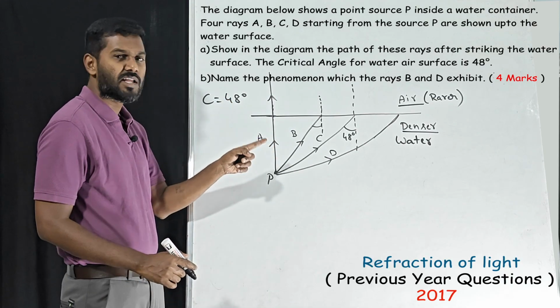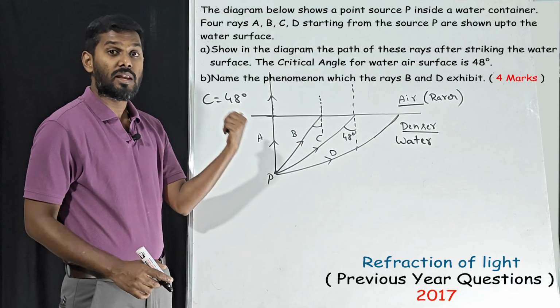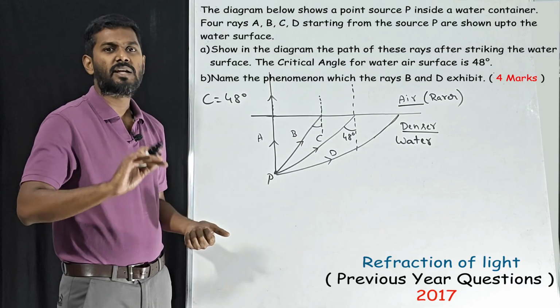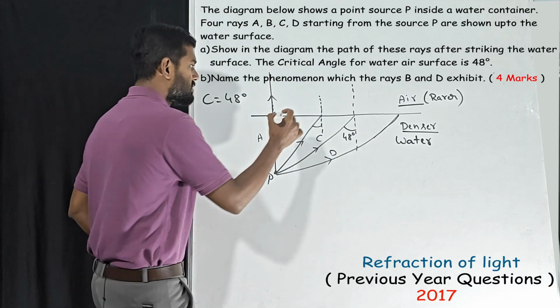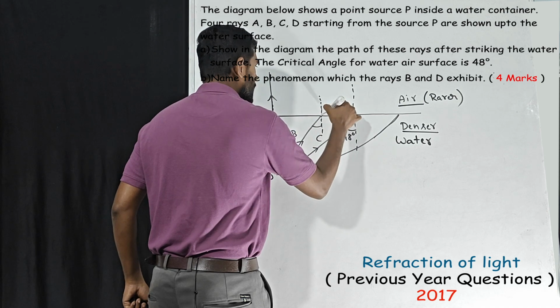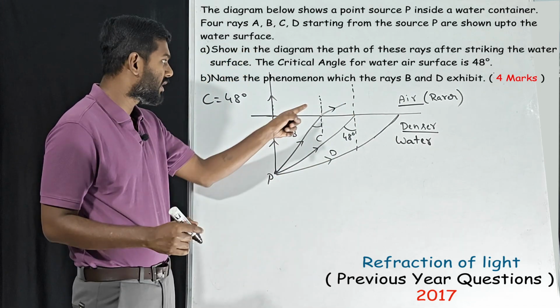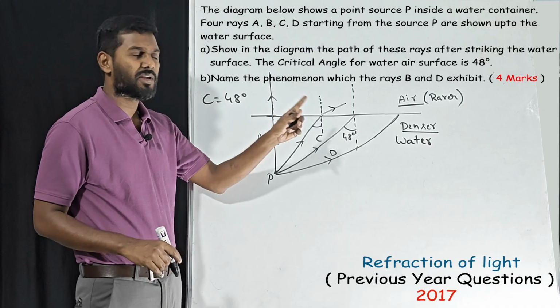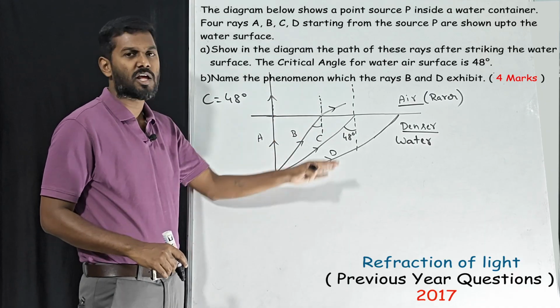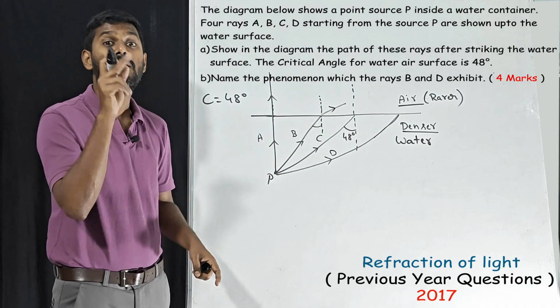If the angle of incidence is less than the critical angle, what happens? It undergoes normal refraction. It goes away from the normal. Some students will think, whether we write away from the normal or towards the normal, anyhow they are going to give marks. No, completely wrong. Why?